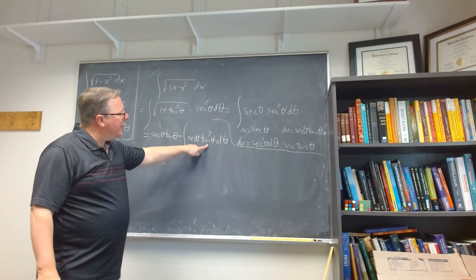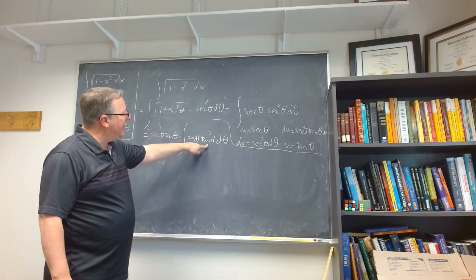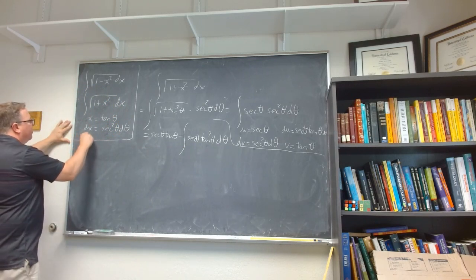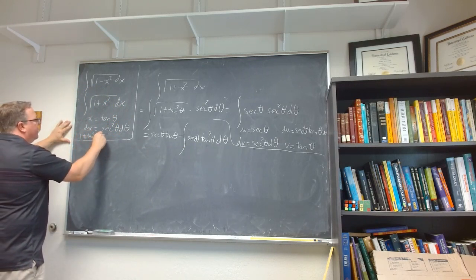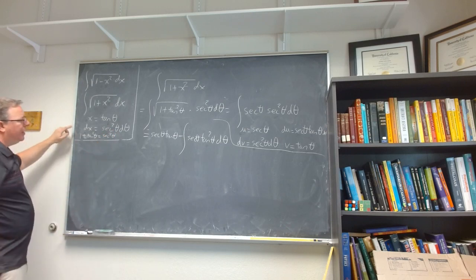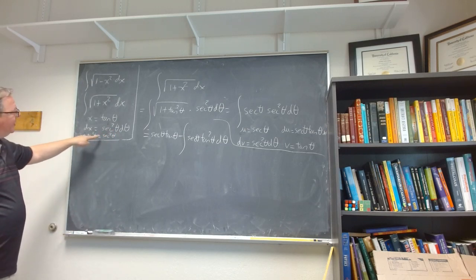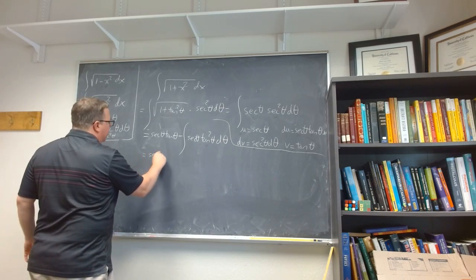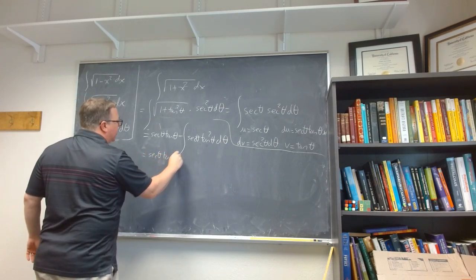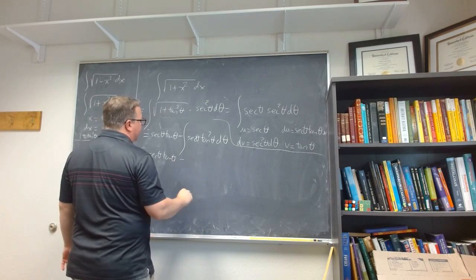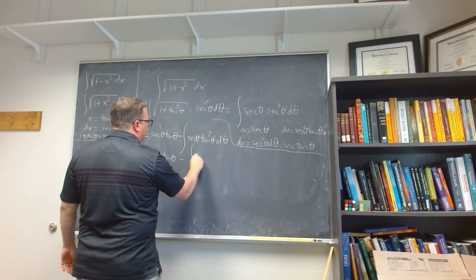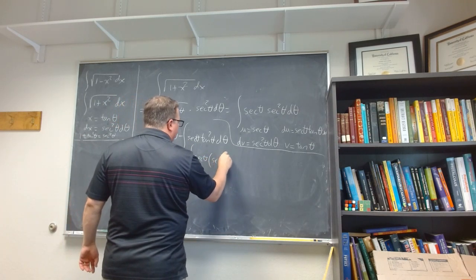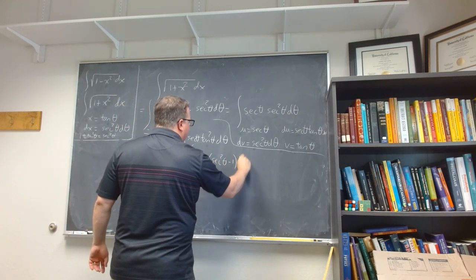Now, tangent squared we can rewrite using the identity that 1 plus tangent squared of theta equals secant squared of theta. So I can rewrite tangent squared theta as secant squared theta minus 1. So this is going to become secant theta tangent theta minus the integral of secant theta times secant squared of theta minus 1 d theta.